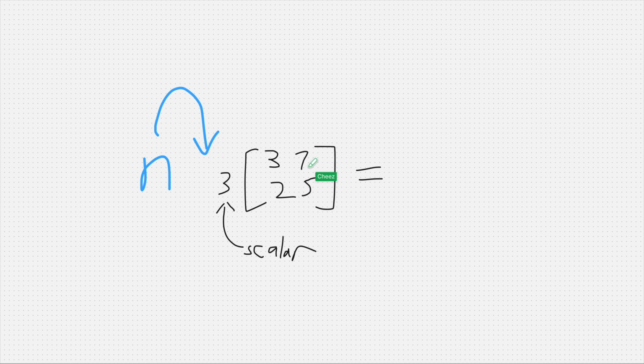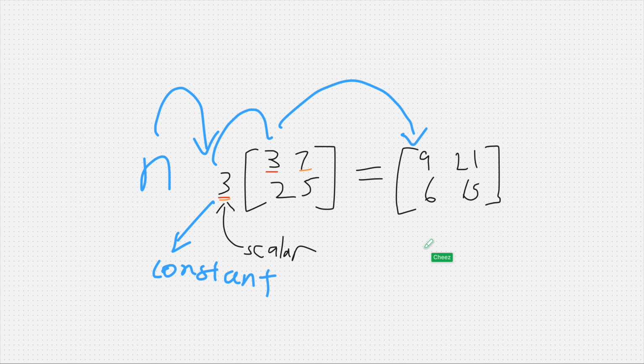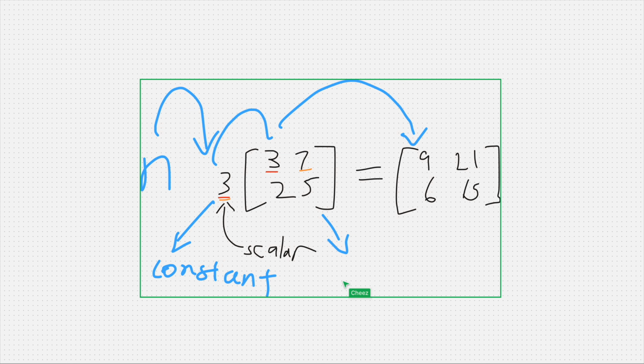When you do scalar multiplication for a matrix, you apply the same idea position by position. 3 times 3 for the top left is 9. 3 times 7 for the top right is 21. Essentially, you just do it for each cell. Think of it like multiplying into the bracket, except the bracket is much fancier.